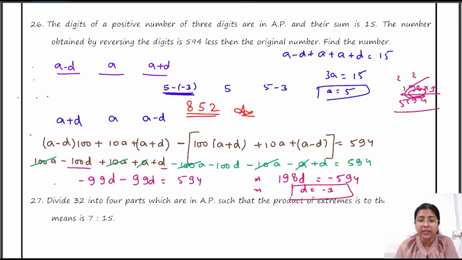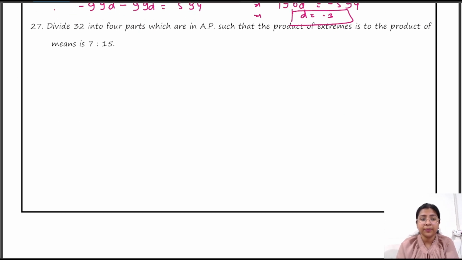This is the answer. And the number obtained by reversing the digits will be 258, and the difference between the numbers is 594. This question is clear, this question is very important. Okay, so the required answer is 852. Okay, now moving to the next question.